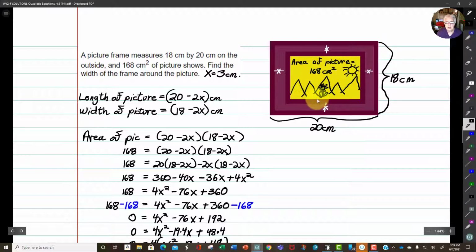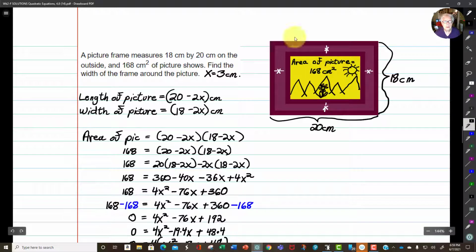Find the length and the width of the picture. Not the picture frame, we already know that. We're being asked to find the width here of the picture frame. That's what we're being asked to find. So I have to find a way to use X.